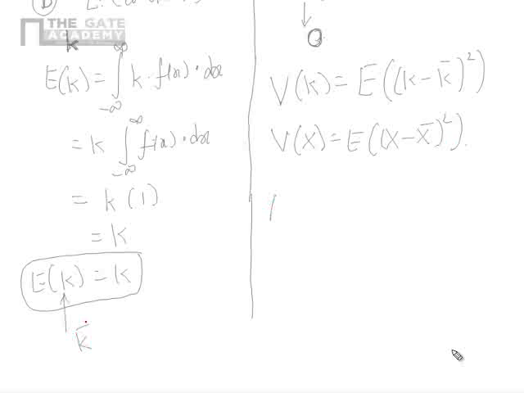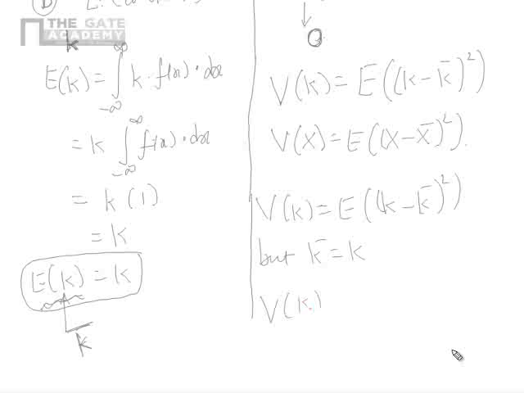The expectancy of k is the average value of k, called k bar or k mu, whatever you want to call it. But k bar is nothing but k. So the variance of k is nothing but the expectancy of 0, because k minus k gives you 0, and 0 square is 0.